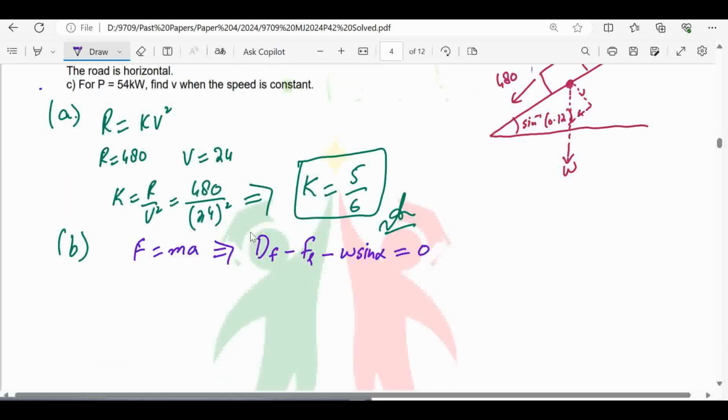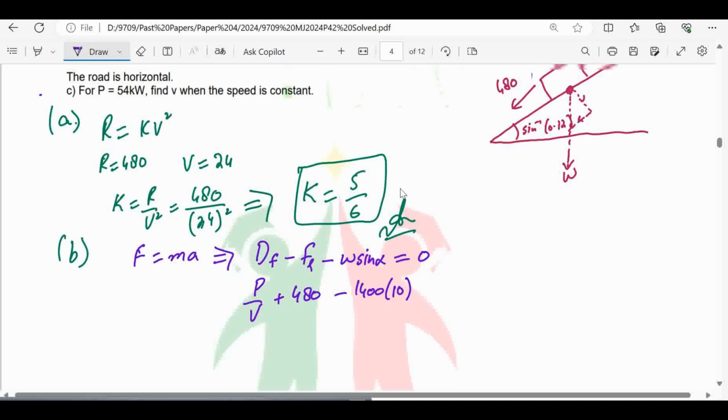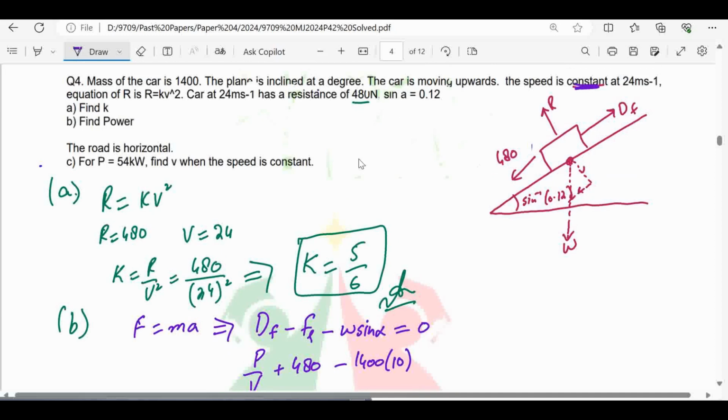Now let's simplify it further. Let's put the values. So here the driving force is P by V plus resistive force is 480 minus weight, which was 1400 into 10 sine alpha is equal to, from here we can see that sine alpha is equal to 0.12, so into 0.12 is equal to 0.